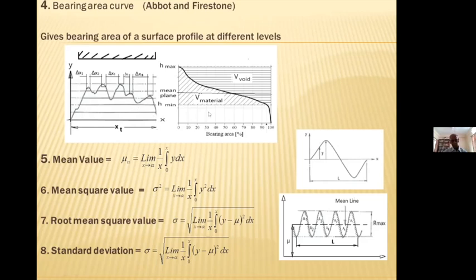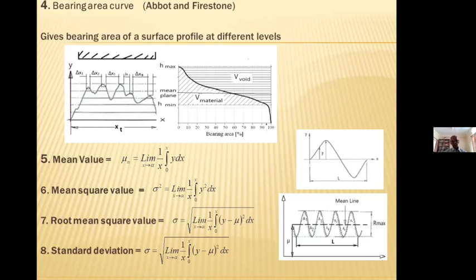So this is the one. This bearing area curve was quite widely used at some time, not very much used these days, but this is a very useful parameter because it tells you at a site how much area is available for taking the load.